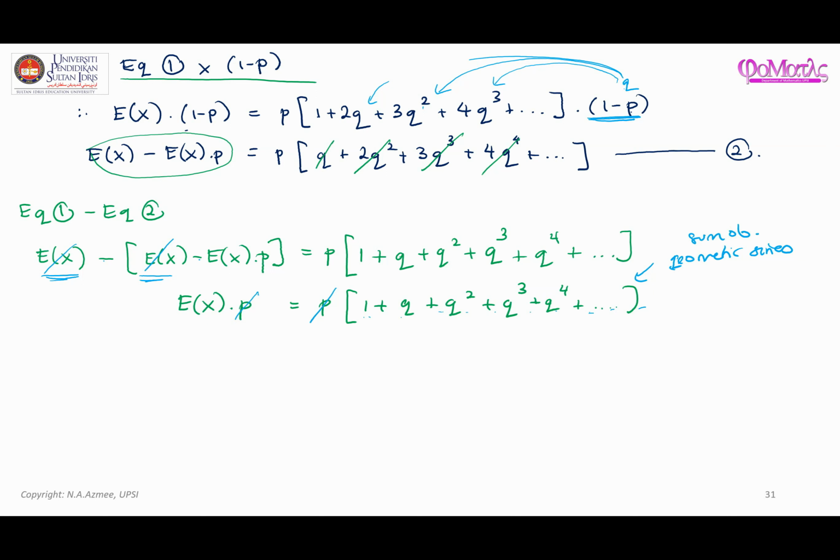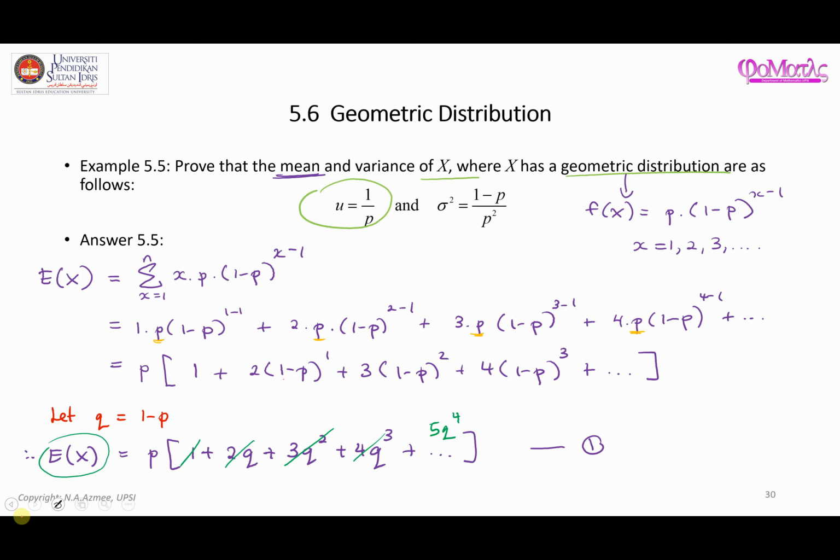Now, how do we know that this is a geometric series? Well, you can see that there is a common ratio. The common ratio for this one is q squared divided by q. We're going to get q to the power of 3 divided by q to the power of 2, which gives q, so the common ratio here is q. You can see it clearly, right? And of course, you can also write the terms using this notation.